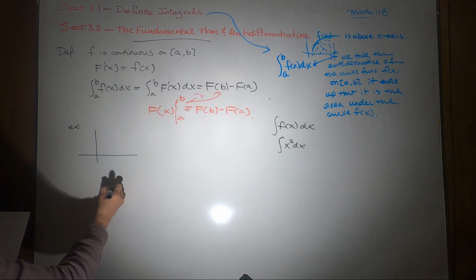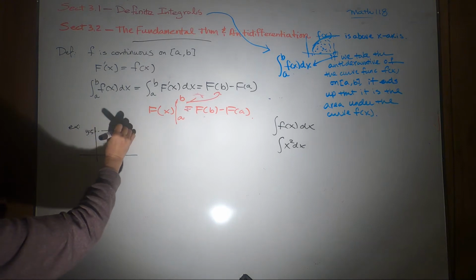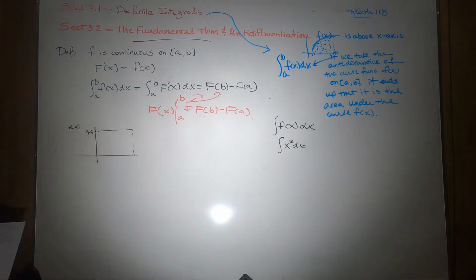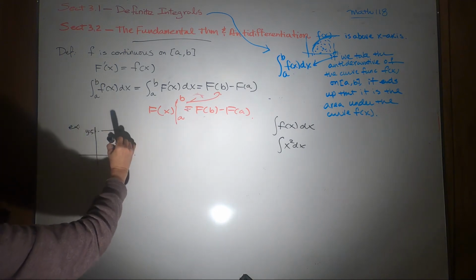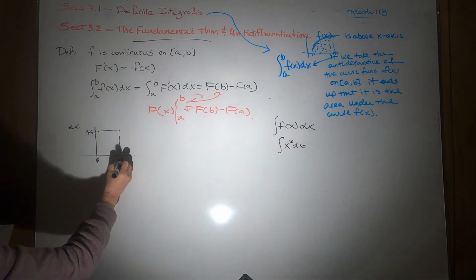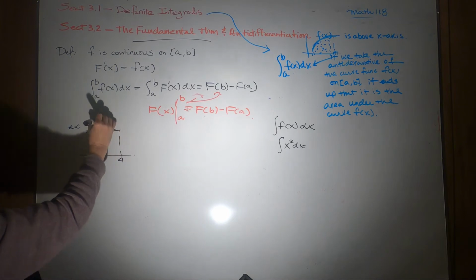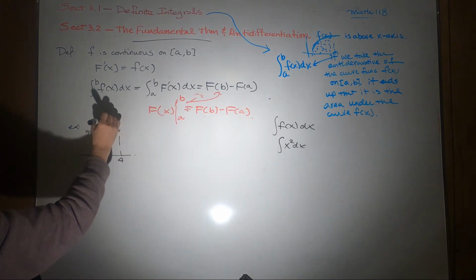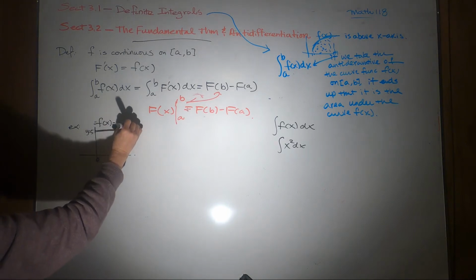So if I have y equals 5 here, I have a rectangle here. That's 5, and that's 4, so from 0 to 4. That's my equation: f of x equals y equals 5.